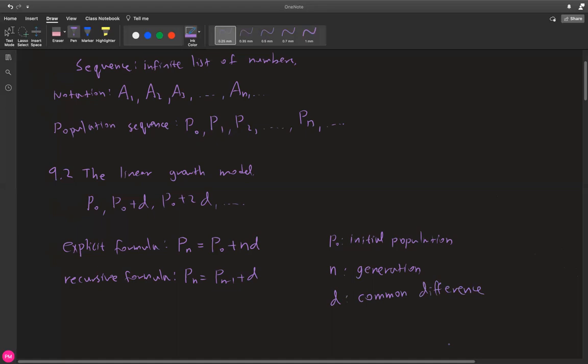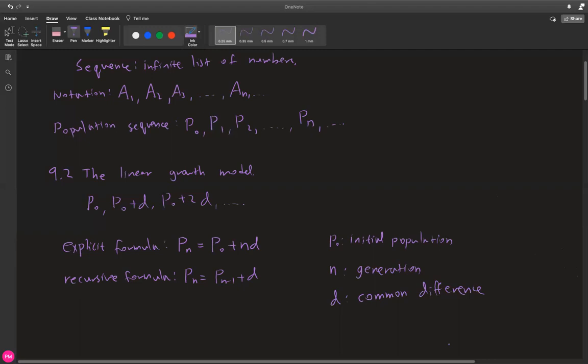So in the exam, as we have already experienced in quizzes and homework, if the problem wants you to use the linear growth model formula, they will tell you what type of growth model it is.